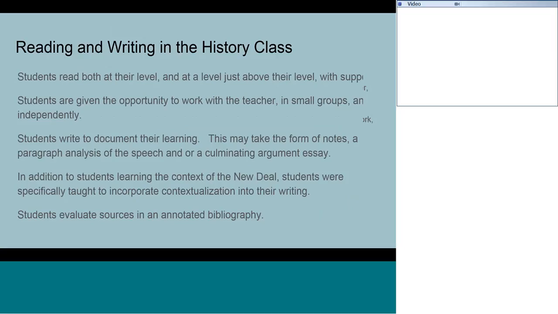It could be as simple as taking notes, or writing a paragraph analysis of the speech, or at the end of this particular unit, a culminating argument essay. In addition to students learning the context of the New Deal, students specifically began to incorporate contextualization into their writing with this unit. And students were evaluating sources in an annotated bibliography.